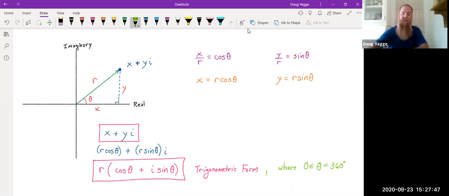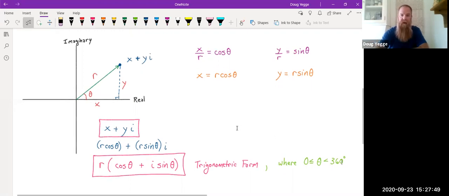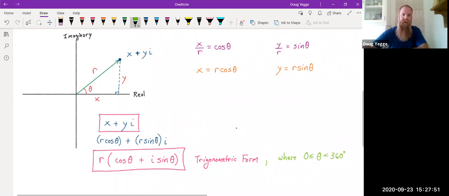Now there's one more form of this that we could write as a shorthand notation. I'm going to be writing cosine theta every single time and sine theta every single time. So as a shorthand notation, we can write the c from cosine, the i being imaginary, and the s from sine, in order to rewrite this form as r cis theta.